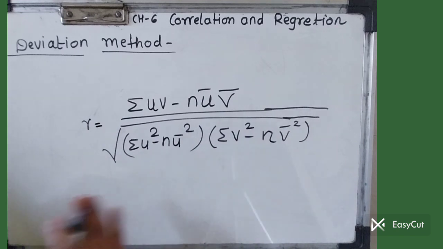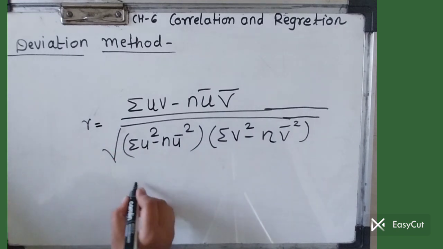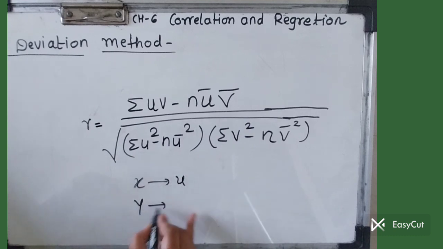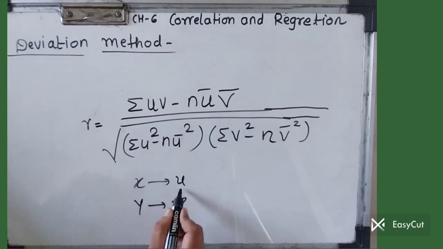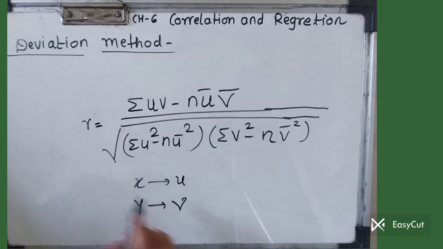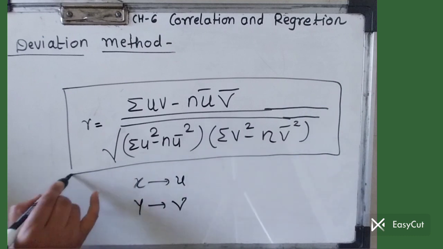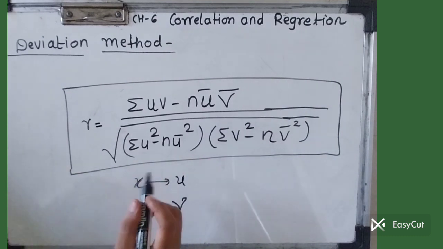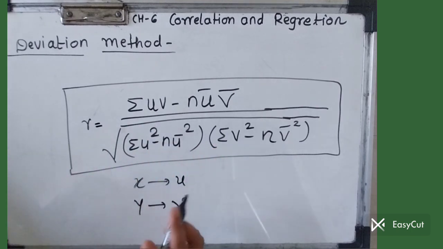No change here. Instead of xy we use only uv. The formula is the same, just replace x by u and y by v. We call it the deviation method. See the formula and prepare the table.